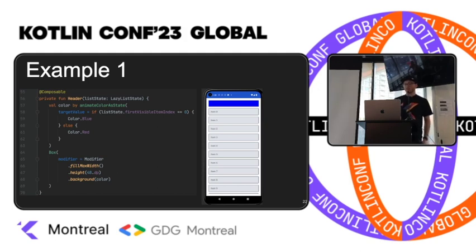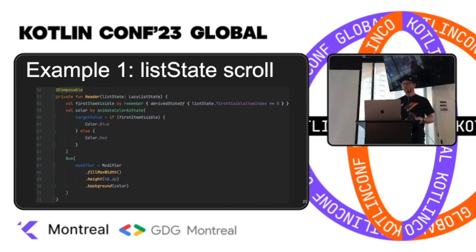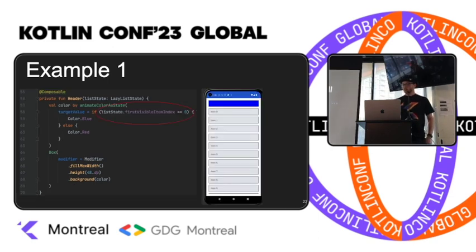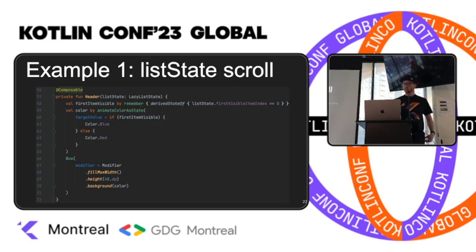As we saw earlier, when checking the first visible item index, it is better to wrap it in the derivedStateOf block so that we don't need to recompose after the first visible item index is higher than 0. So the problem with the code is here. If we change it, we use the first visible item and we use derivedStateOf.